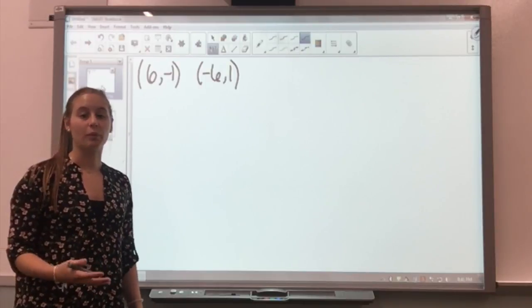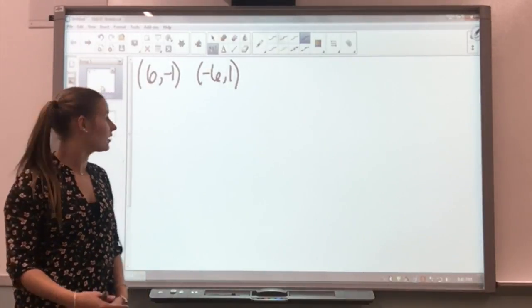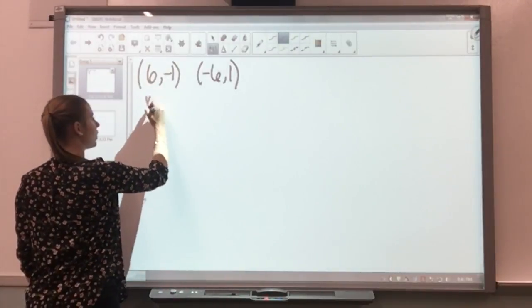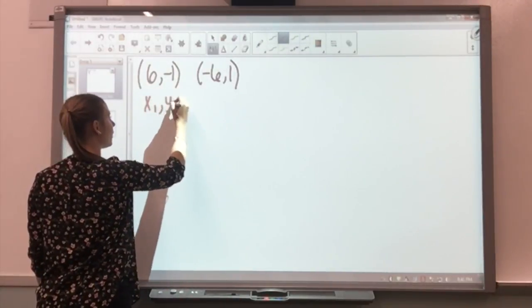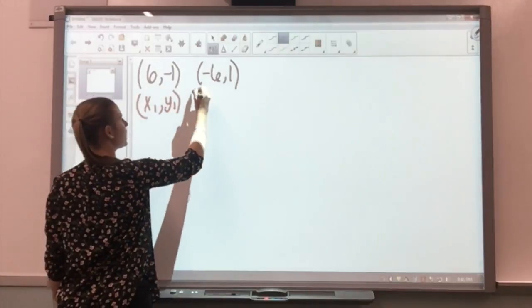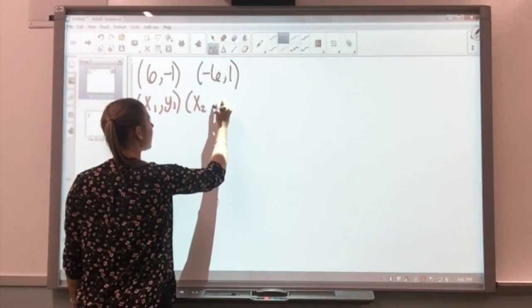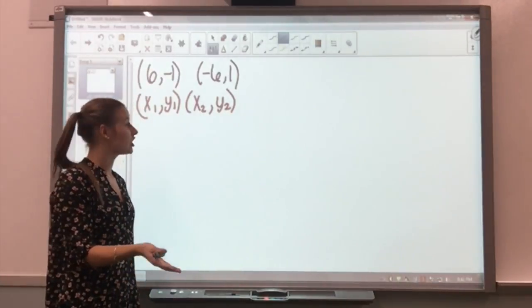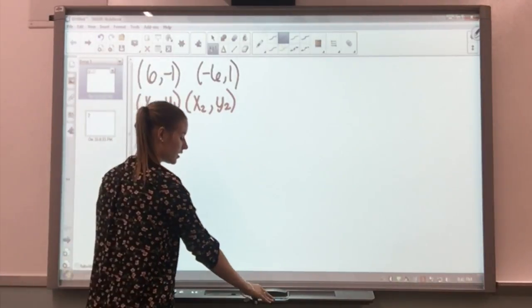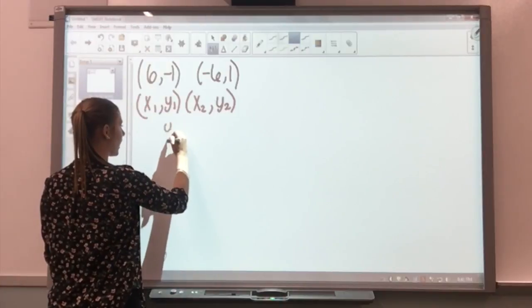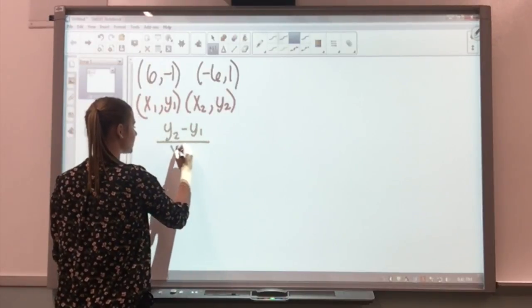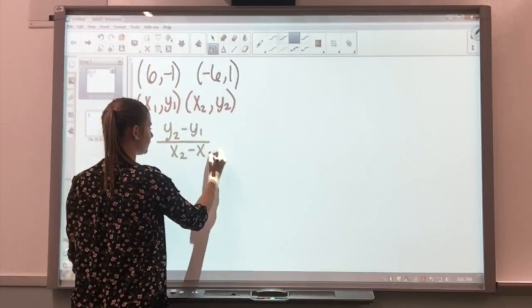We define slope as change in y over change in x. So we're going to label our points (x1, y1) and (x2, y2). As I said, it's change in y over change in x, so we'll have y2 minus y1 over x2 minus x1.